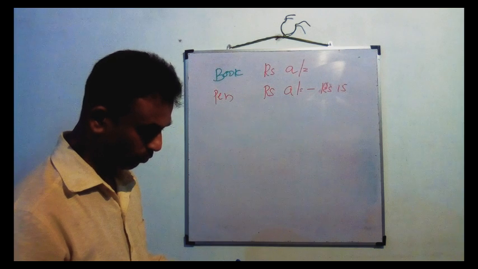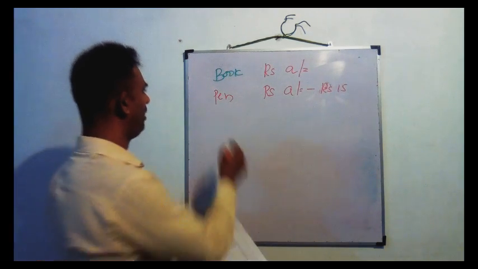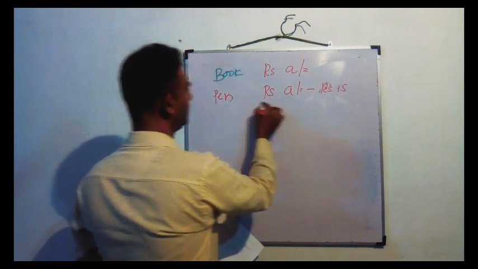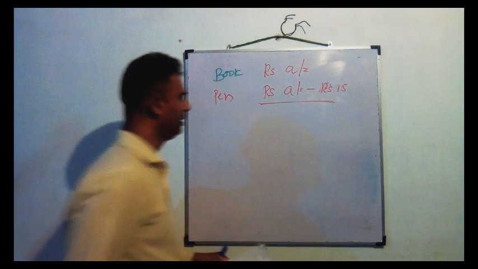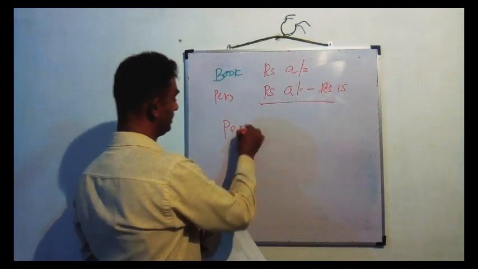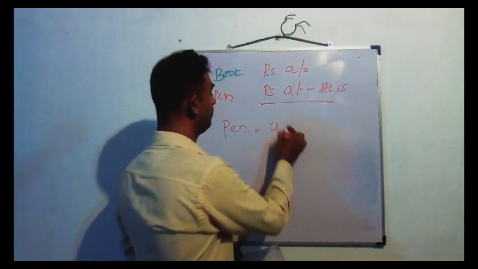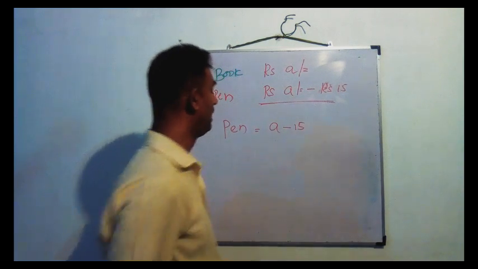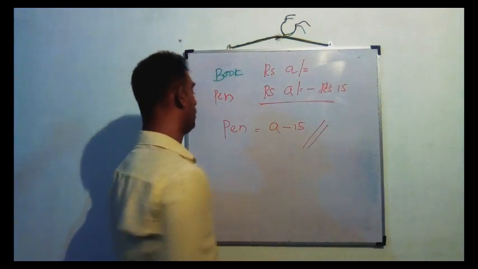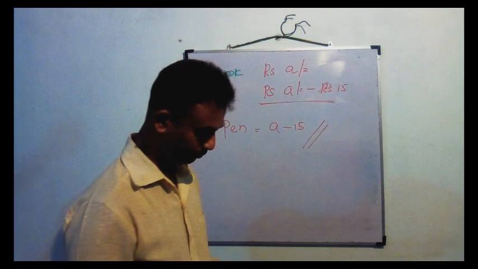Write an algebraic expression for the price of the pen. The price of the book is A. Then the pen is less than that by 15 rupees. A minus 15 is the algebraic expression for the price of the pen.